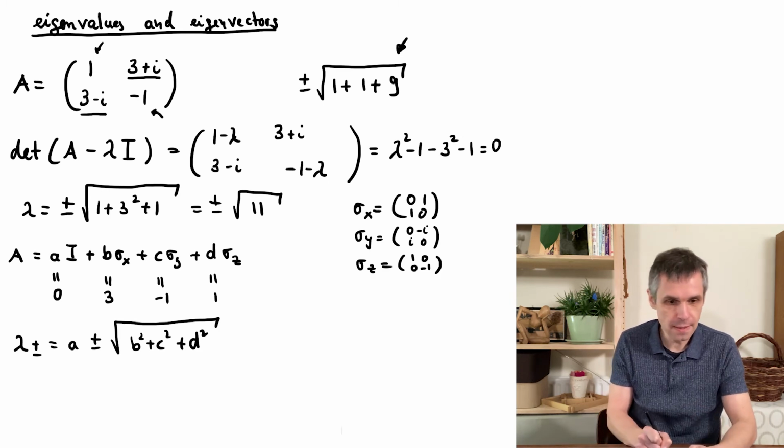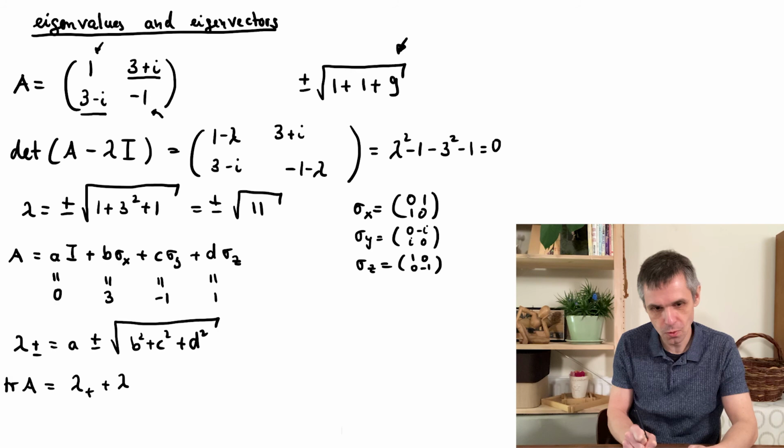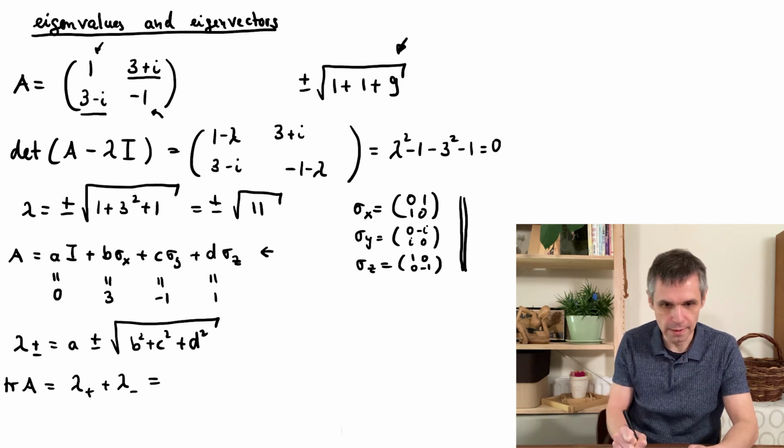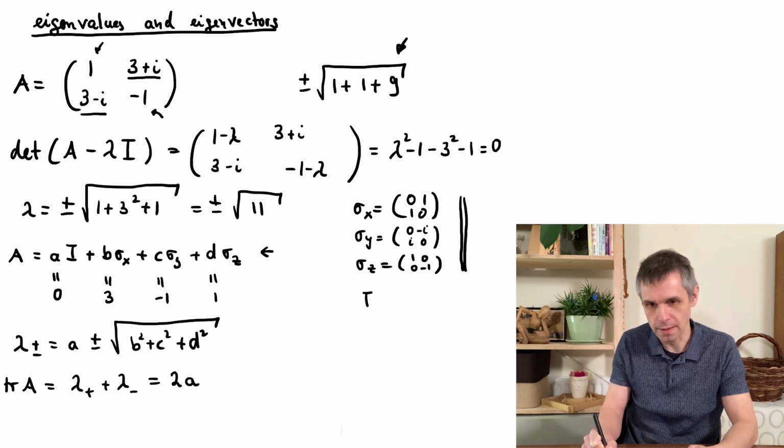One way to see this is to first take the trace of A, which by definition is also the sum of the two eigenvalues. And then from this form here, we see that all these 3 matrices here have a vanishing trace, so we only get something from the identity matrix. And we get 1 from both of the diagonal entries. Let me write down this matrix for illustration.